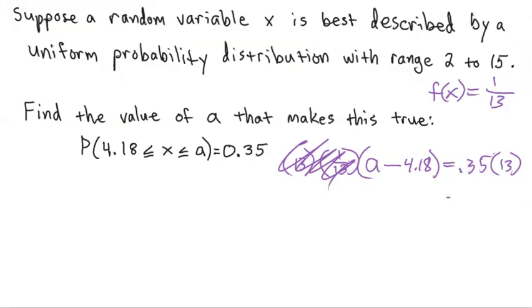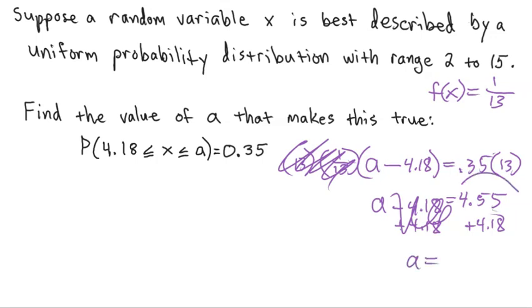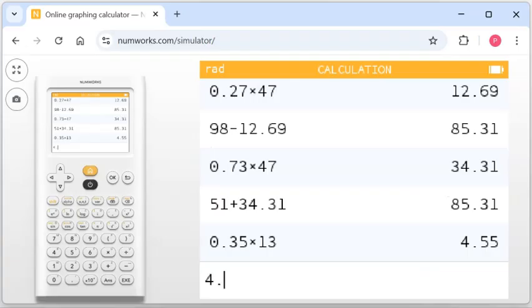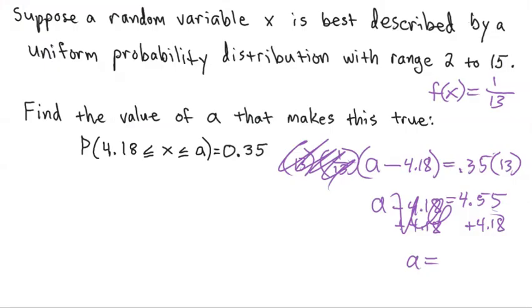So over here, we're going to have 4.55, and over here, we're going to have A minus 4.18. Now we just add 4.18 to both sides, and we've got our solution. This cancels, and we have A is equal to 4.55 plus 4.18, and that gives us 8.73.